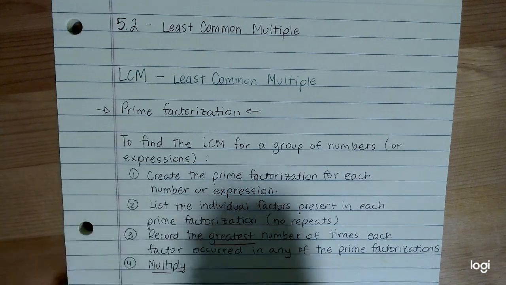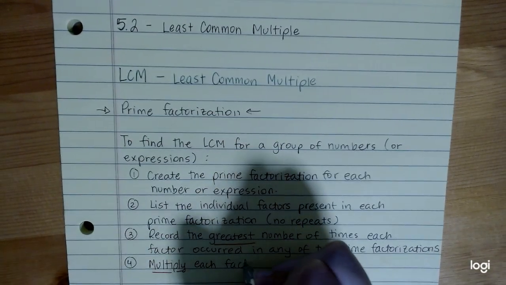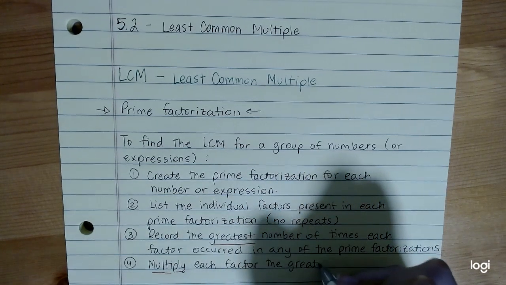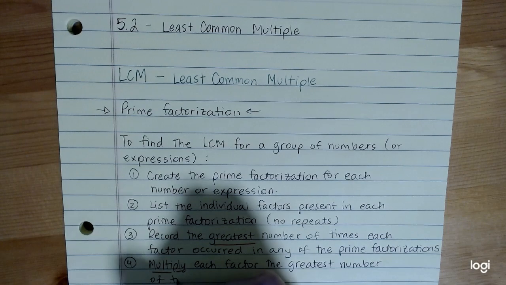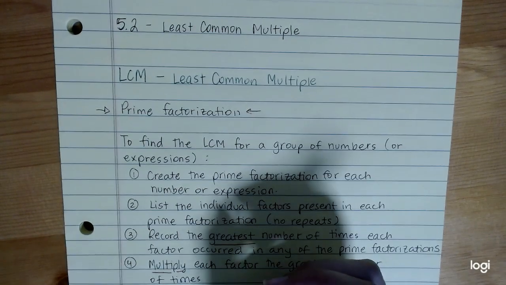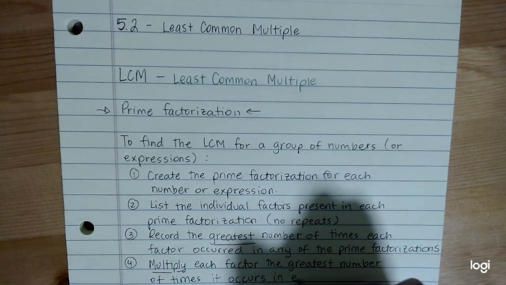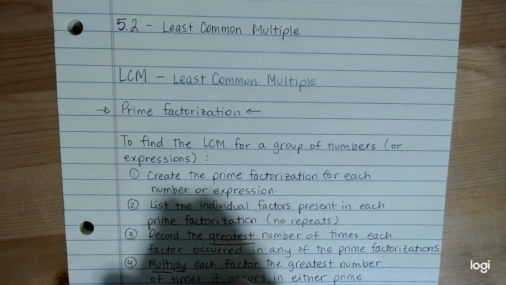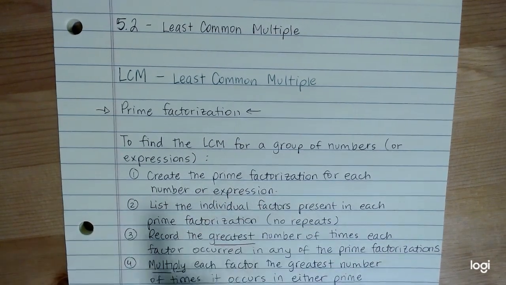We're going to multiply each factor the greatest number of times it occurs in either prime factorization. So we're going to use steps 2 and 3 to help us with step 4.